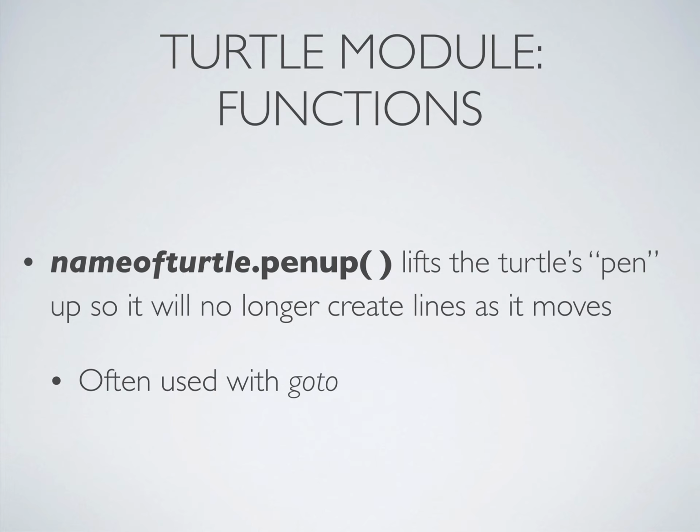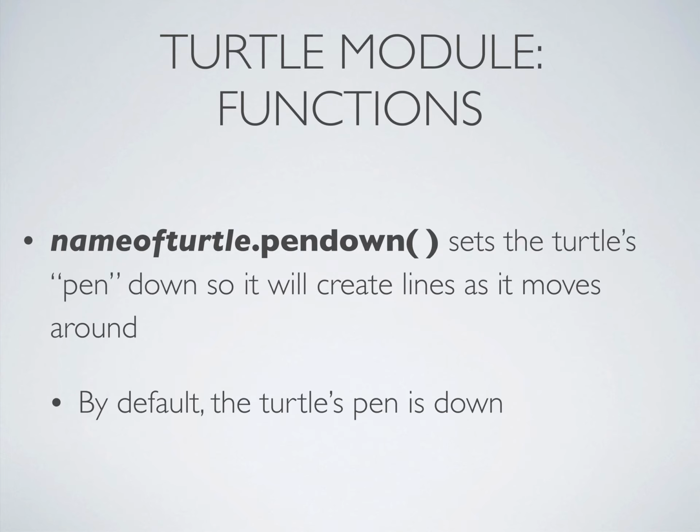turtle pen. So for example, if you want to move the turtle to a specific location with go to, you can say, hey turtle, pick your pen up. Hey turtle, go to this XY coordinate, and then potentially draw more stuff there. So you pen up, go to, and then to put the turtle's pen back down, you can say pen down.